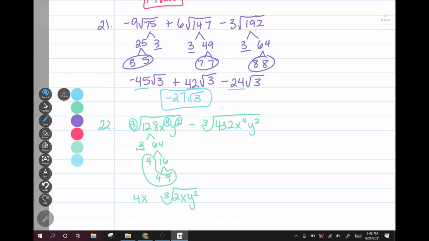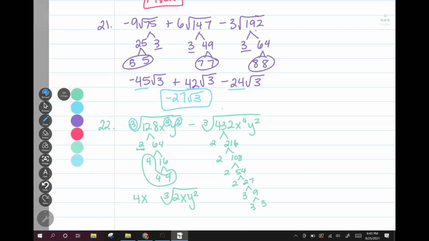Let's try that again. On the second one, let's break down the 432. It's divisible by 2. That's 2, 1, oh, that's not right. It's 216. Okay, and that's 2 and 108. 2 and 54, 2 and 27, that's 3 and 9, 3 and 3.